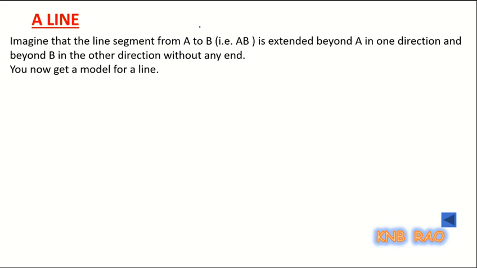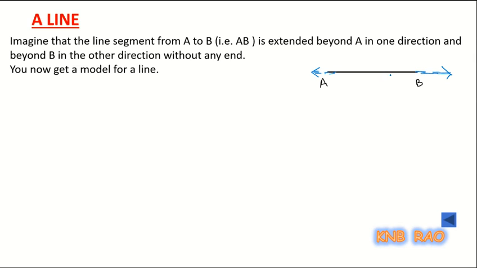I have a line segment AB. Let us say I named it A, B, and if I am going to extend it in both the directions, when I extend them in both the directions infinitely, then that line segment gives the idea of a line.